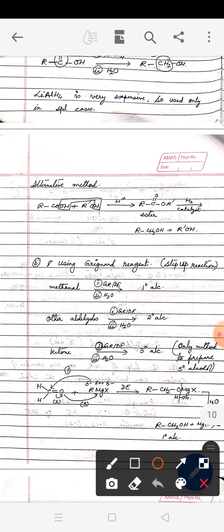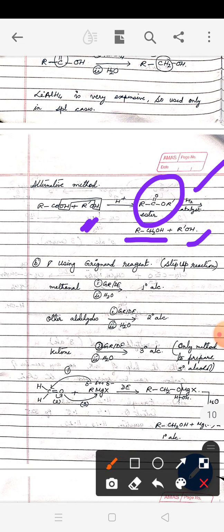Now what happens here, a molecule of water is lost, OH group is lost from the acid and H is lost from the alcohol, and what we get is an ester, RCOOR'. Now when you do catalytic hydrogenation of this ester, it gives you primary alcohol easily and your R'-OH is set free. It acts as a catalyst here. So this way also you can convert carboxylic acid to alcohol.